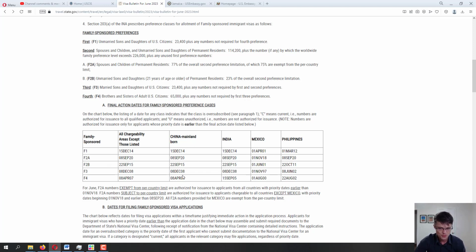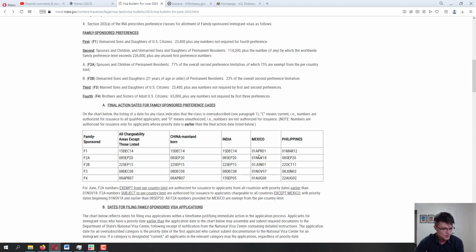And if you're in a chargeability area like Philippines or Mexico, you're dealing with it longer than all chargeability. And all chargeability is still 16 years for a brother or sister. 15 years for a married son or daughter of a U.S. citizen. Just think about this.